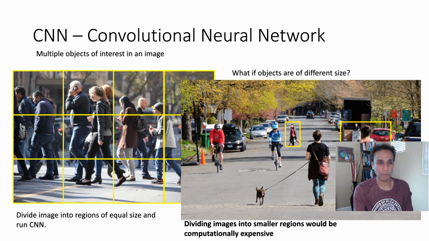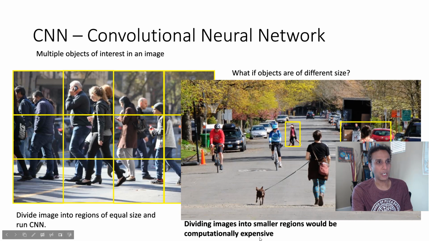This is humans, smaller size. This is humans, large size. If all the humans are of the same size, you can just divide them into that size, right? But your objects may be even smaller. If you have a human down there, much smaller, into how many grids do you want to divide this image? We can divide them into thousands and thousands of smaller grids, but that's where it gets computationally expensive.